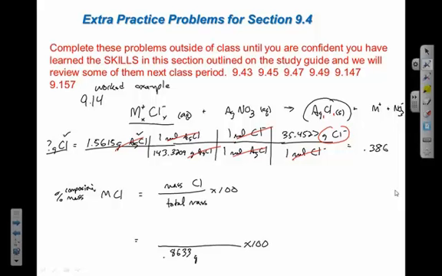I've got 5 sig figs, so I need 2 more, 2.6 grams. So that's the mass of just the chloride, so I can put that here. So the mass of the chloride part of it divided by the total mass times 100 is going to give me the percent of that that's chlorine. And it'll be 44.74.